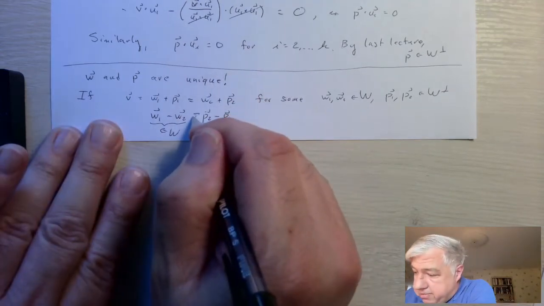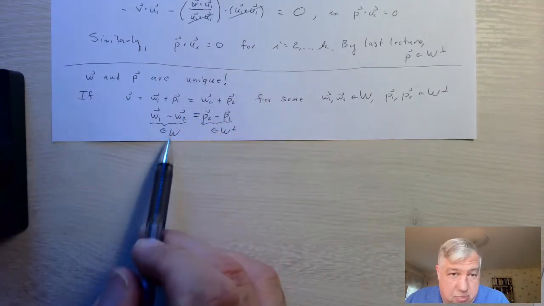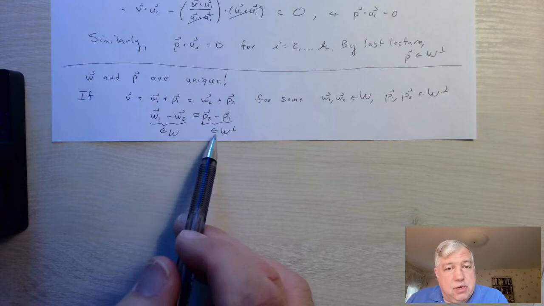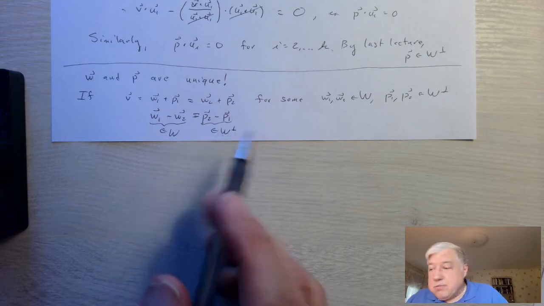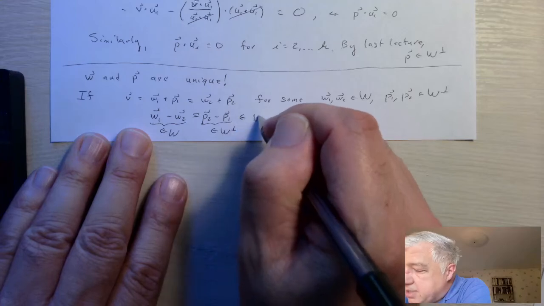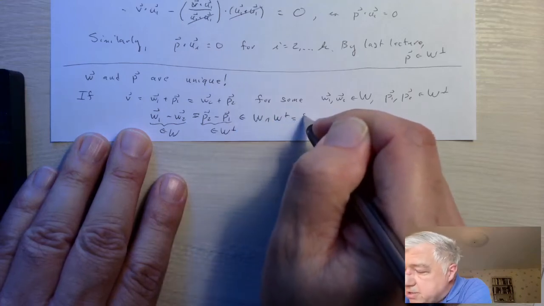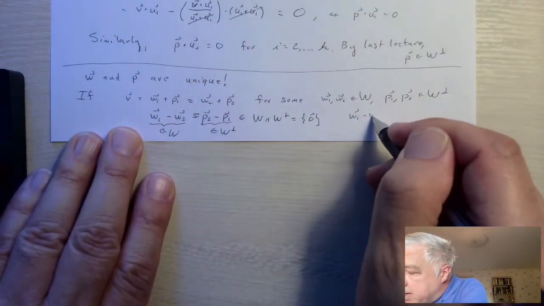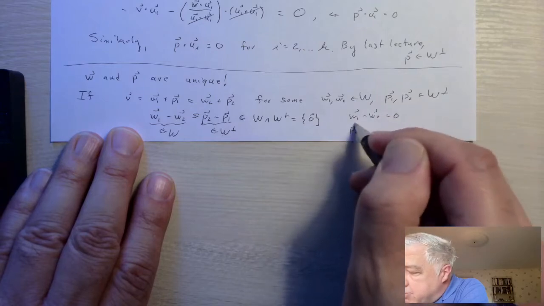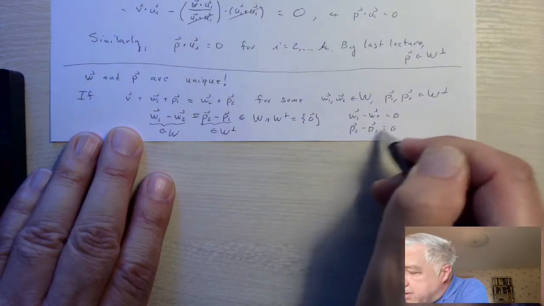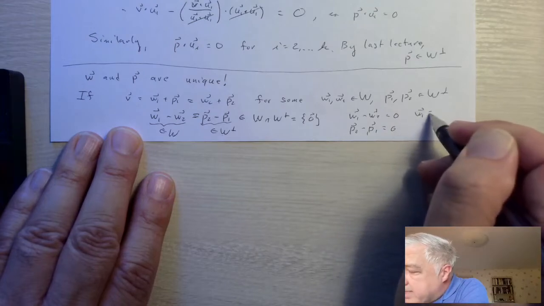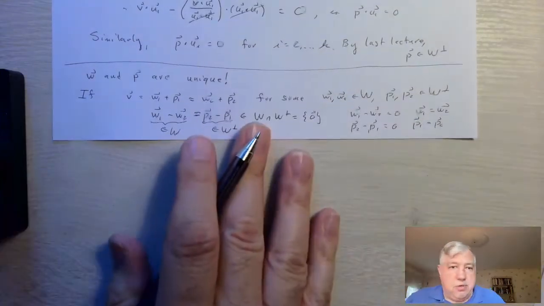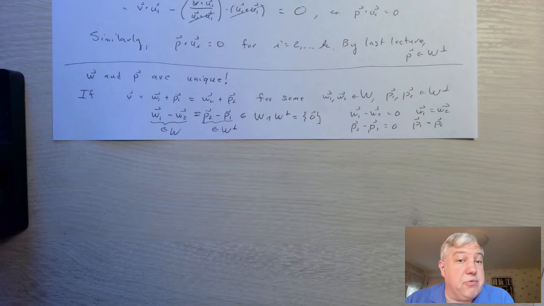But these are equal, so whatever vector this is, it's in both W and W perp. But we proved last time that the intersection of W and W perp is 0. So we get that W1 minus W2 is 0, and P2 minus P1 is 0. So W1 has to equal W2, and P1 has to equal P2. Not only do we get W and P, but we've shown that they're unique.